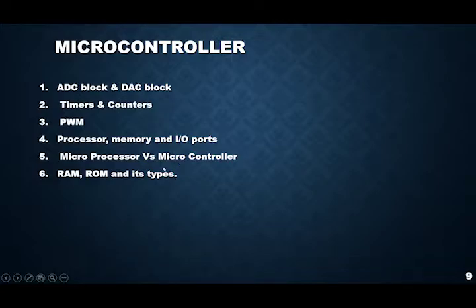The very basic difference is that a microprocessor does not have a CPU built inside its chip. We have to connect an outside CPU unit. In a microcontroller, there is an inbuilt CPU unit, so there is no need to connect any other CPU for working.